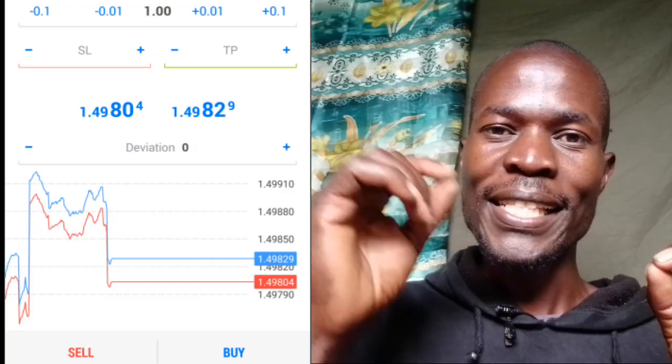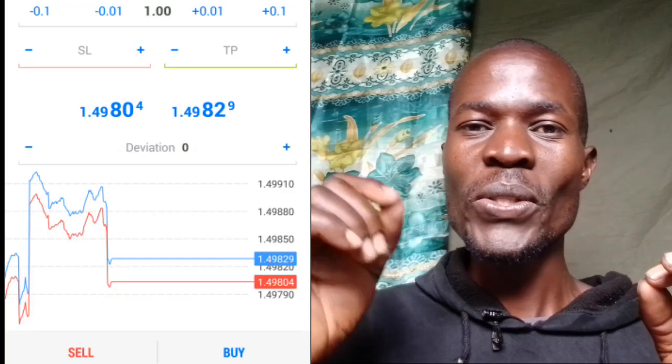For beginners, start small, like 0.01 or 0.05. If you are buying, your stop loss should be below your entry price. For example, if you are buying EUR/USD at 1.100, set a stop loss at 1.097. That is 30 pip below.